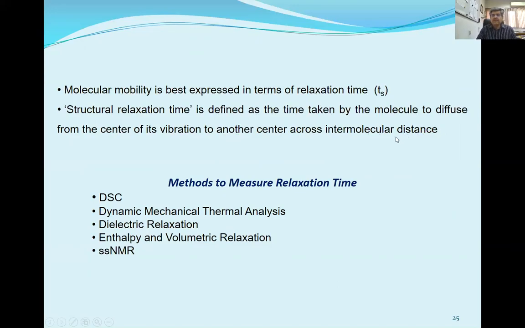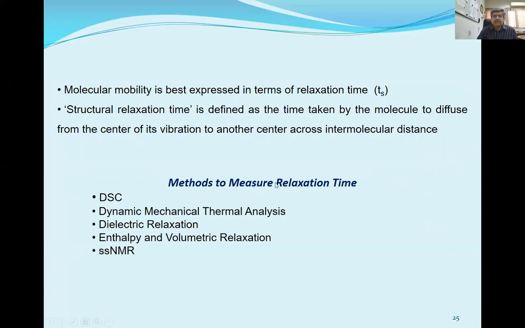And if you recollect, this relaxation time is going to be very high when the material is below the glass transition temperature, and it is going to be a small value when the material is above the glass transition temperature.